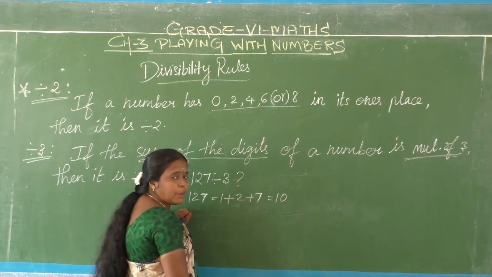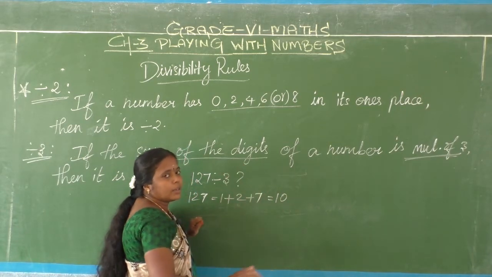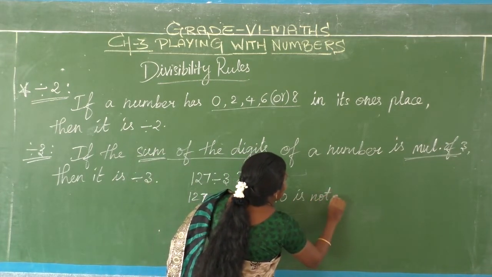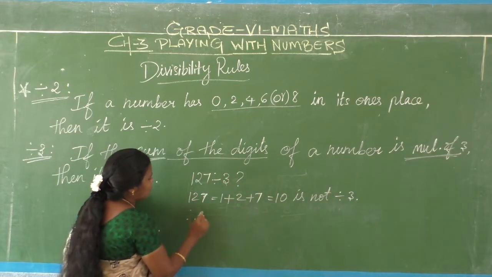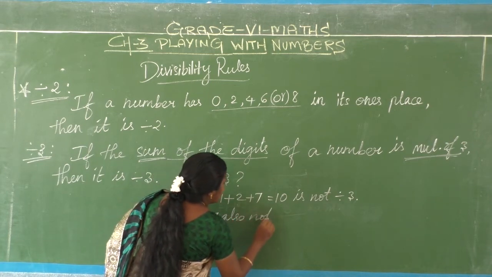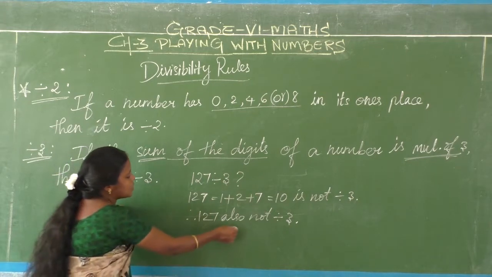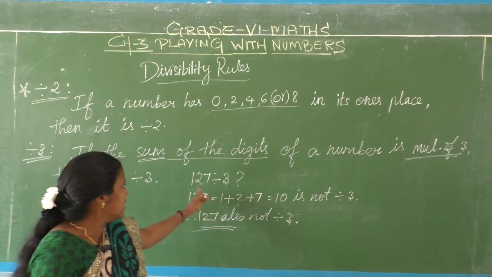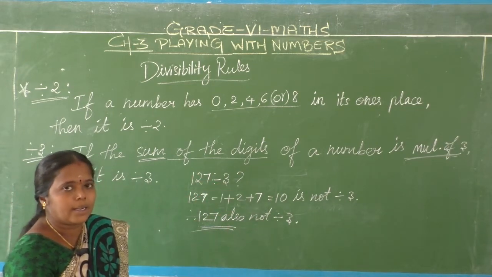Is 10 a multiple of 3? 10 is not coming in the third table. So we can tell 10 is not divisible by 3. Therefore, 127 is also not divisible by 3. Like that. Understood? So using the rules, we can easily solve whether a given number is divisible or not. Clear?